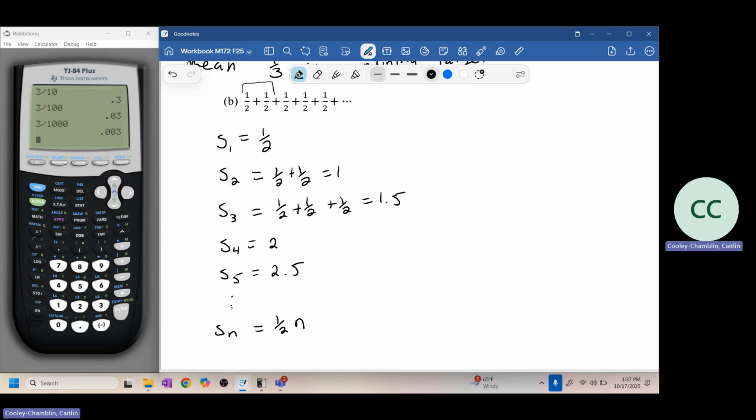I'm just adding 1/2 n times. Well, as our n keeps getting larger and larger, so we're going to add an infinite number of these, then our sum, our n/2, goes to infinity.